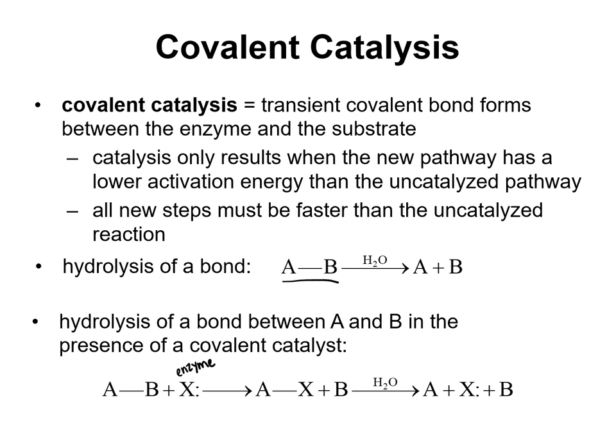So you're going to have these lone pair electrons attack the bond between A and B, and X is going to replace B in the reaction. So your enzyme replaces B. Now you have this covalent bond between your substrate and your enzyme.